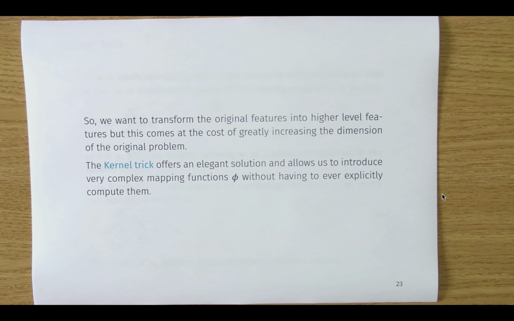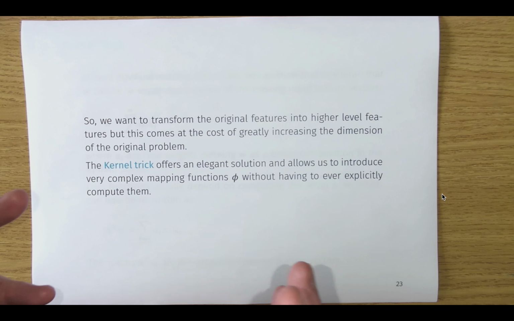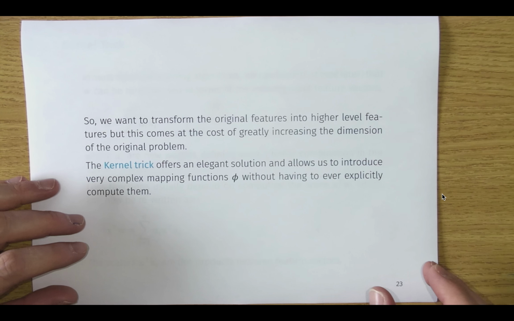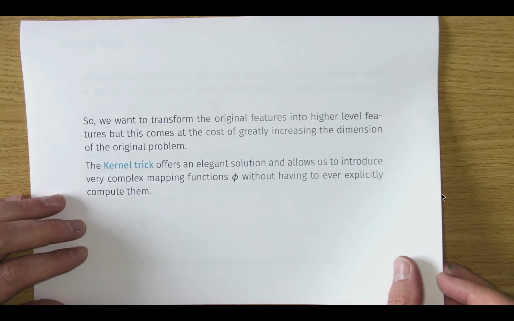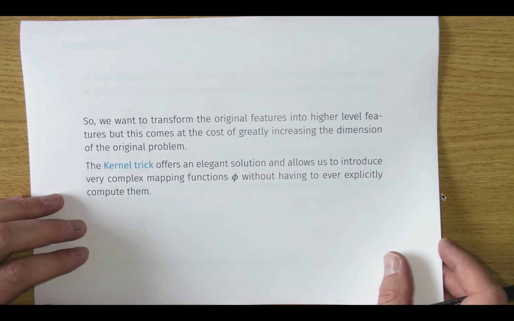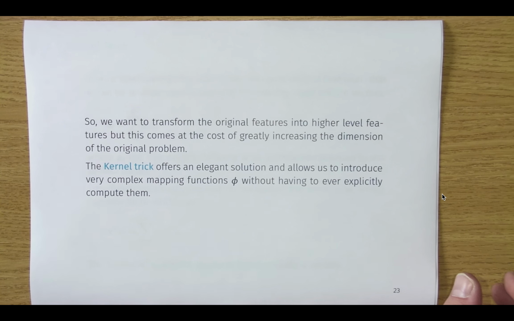So we want to avoid that, and we want to find a way of not being cursed by this explosion of the number of features. And the kernel trick will do that. The kernel trick is a very elegant way of solving just that problem.